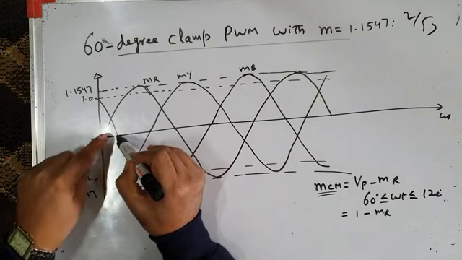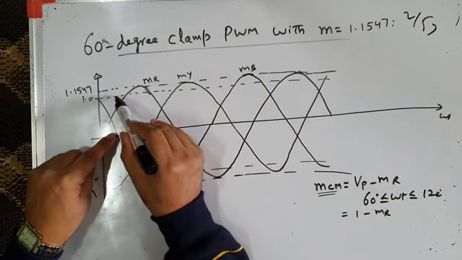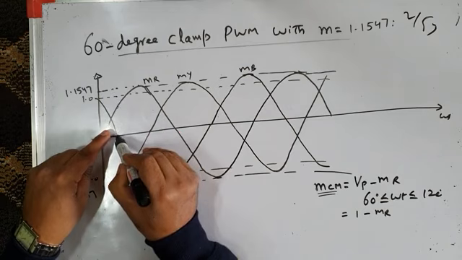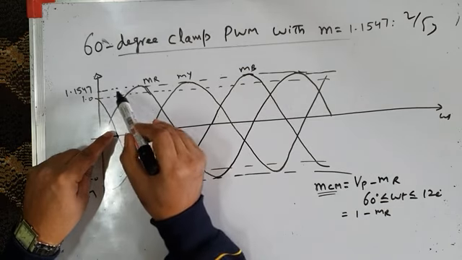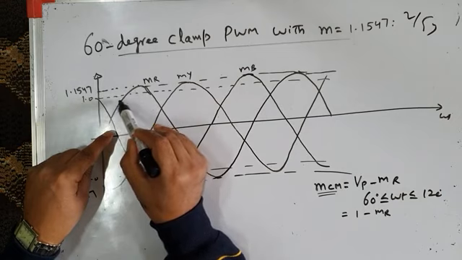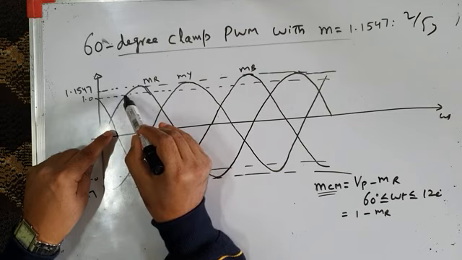During this period, my Vp is 1 and Mr is some value. Okay, 1 minus this, it is 0, and then you can see it is Vp minus Mr.